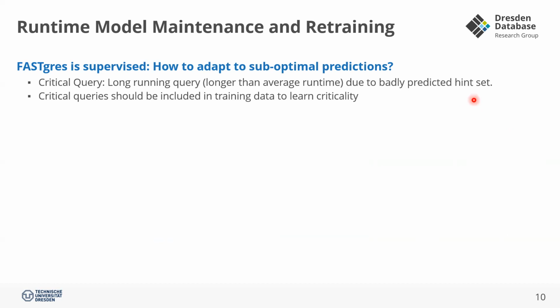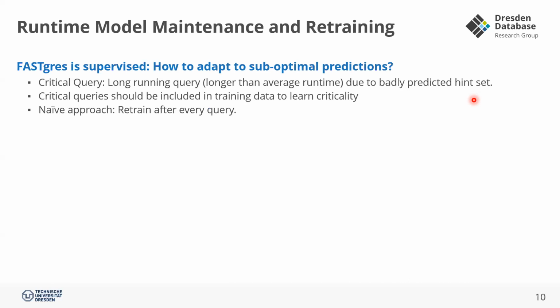A critical query is, in our definition, a long-running query, so a query that runs longer than the expected average due to a badly predicted hint set. So the model predicted a wrong hint set, and therefore the query is running too long. And the major idea is, if I notice such a query, then we should include this query into the training data to learn this problematic, critical query.